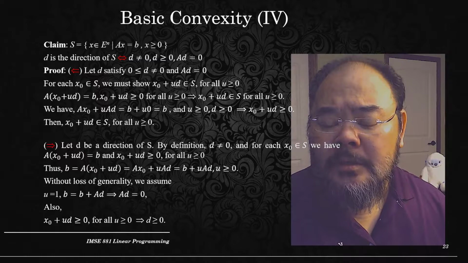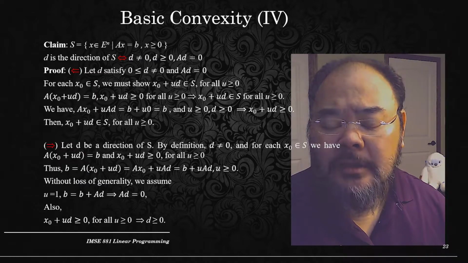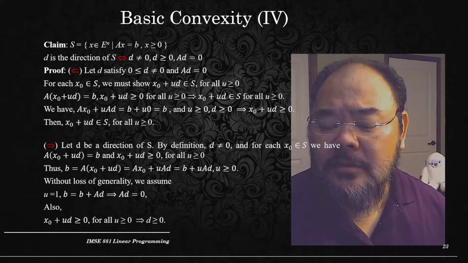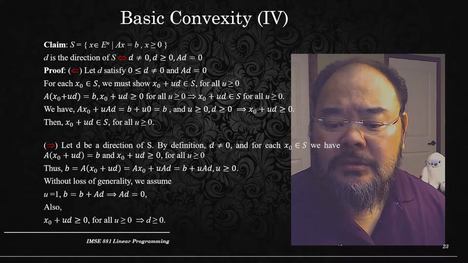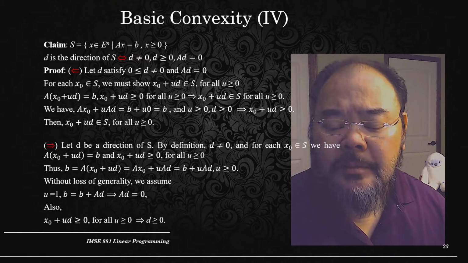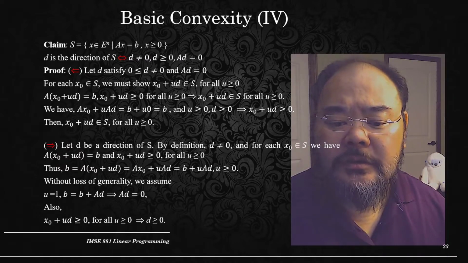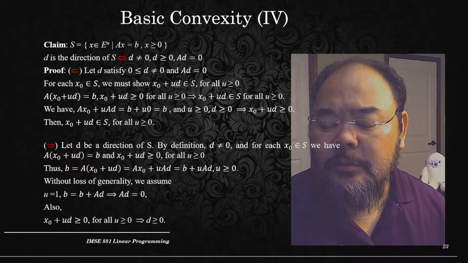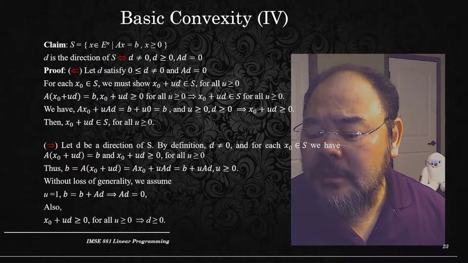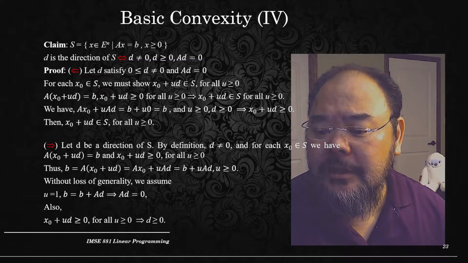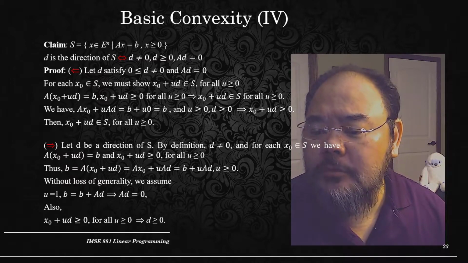Second, since D is greater than or equal to 0, and x naught belongs to S, x naught is also greater than or equal to 0. So x naught plus u times D, a non-negative plus a non-negative times a non-negative, is of course greater than or equal to 0. Therefore, we prove that x naught plus u times D belongs to S because it satisfies both conditions. So that's the first part, the reverse direction.